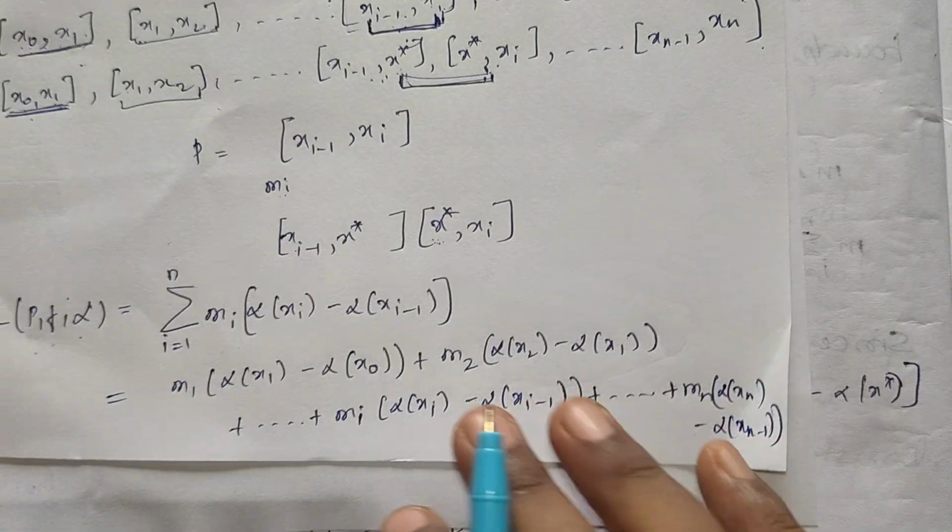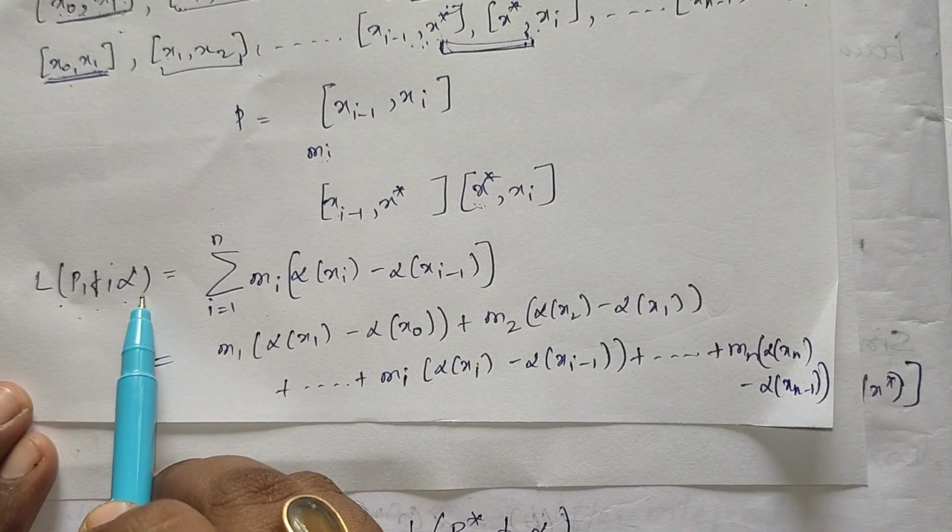Okay, so this is what you get for L of p comma f comma alpha.